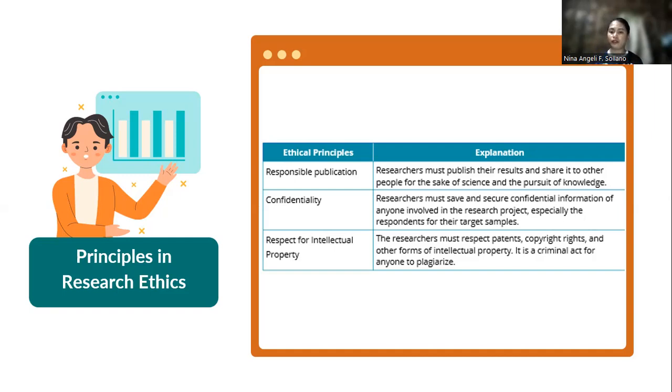If, for example, you are going to use a statement from a certain author, please acknowledge them also, okay? Because again, it could be a criminal act and you can be filed for plagiarism.